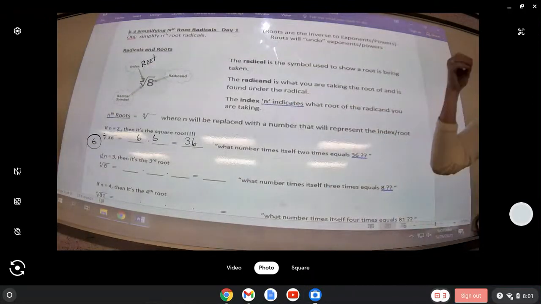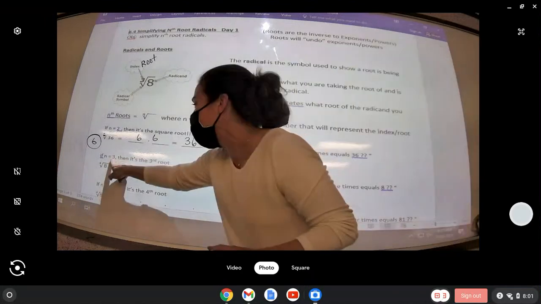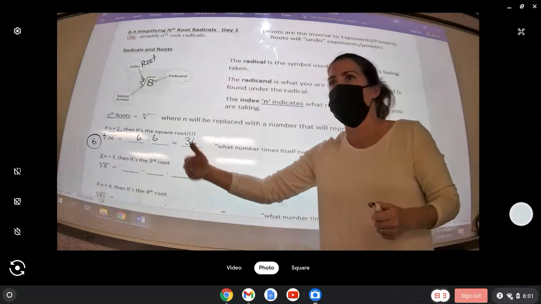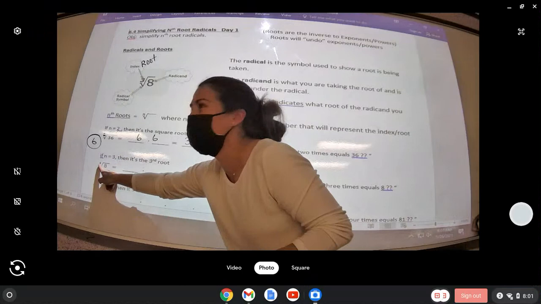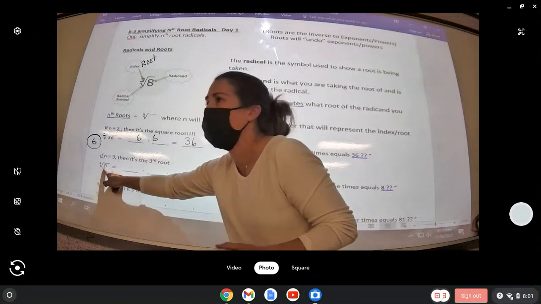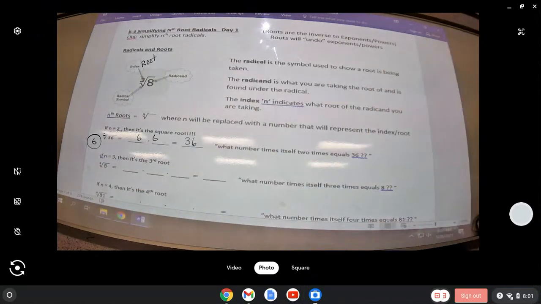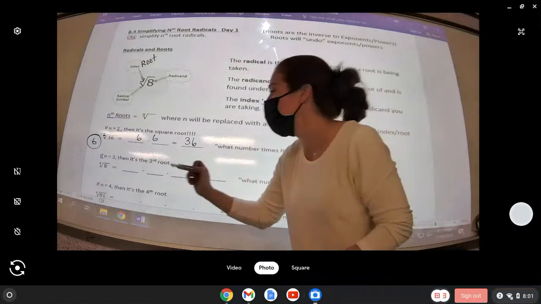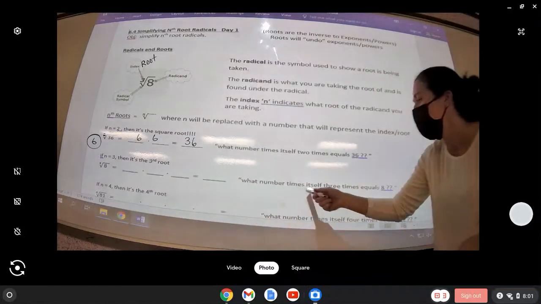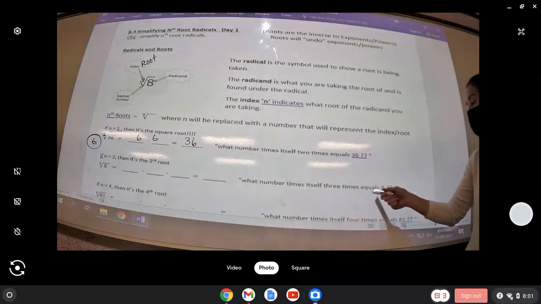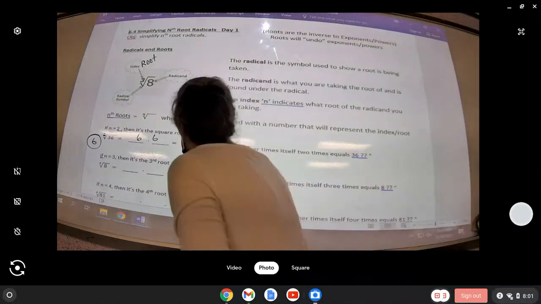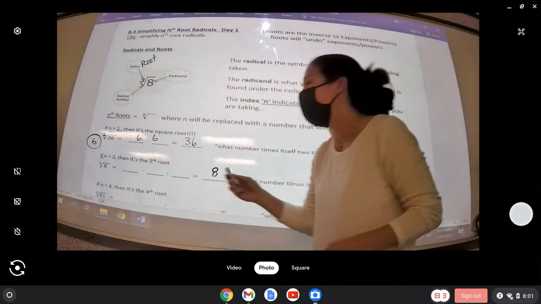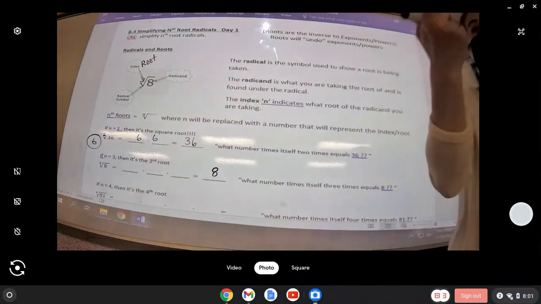All right, well, what if the root is 3? If n is 3, then it's going to be the third root of a number. So then it'll look like this. I know it's blurry. It's the third root of 8. When you take the third root of 8, you're trying to unthird power the 8. So you're really trying to find out what number times itself 3 times equals 8. Does anybody know what number you could multiply by itself 3 times and it would equal 8?